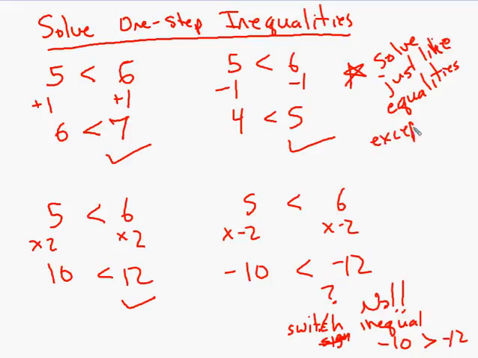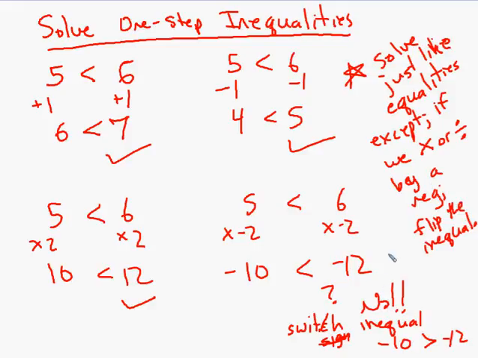Except if we multiply or divide by a negative, we need to flip the inequality. Now, it doesn't matter if the answer is negative or not. It just matters, did I multiply or divide by a negative?